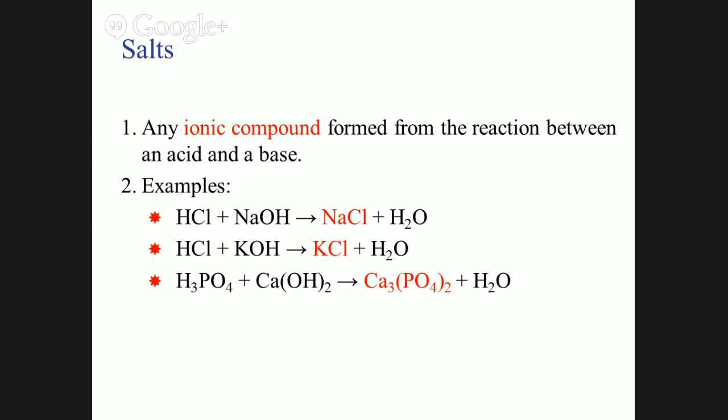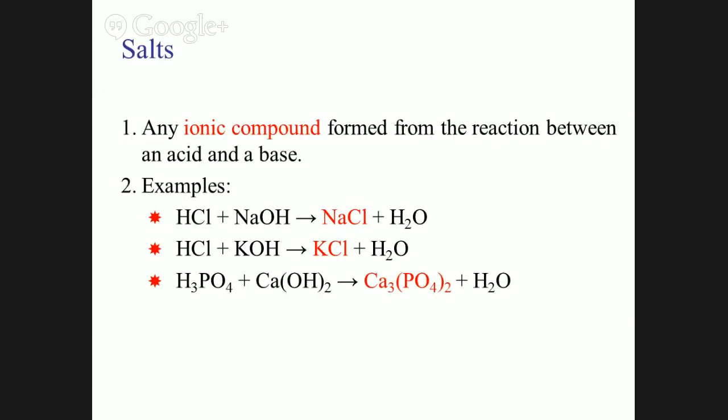Now, please note, this is not seawater, okay? Seawater actually has a whole bunch of different kinds of salts in it besides just table salt that we are familiar with. This is just some particular salt based on the actual acid and base in the process and water. And so on a quiz or test, keep that in mind. It'll be a salt and water that is the result of adding an acid and a base together.